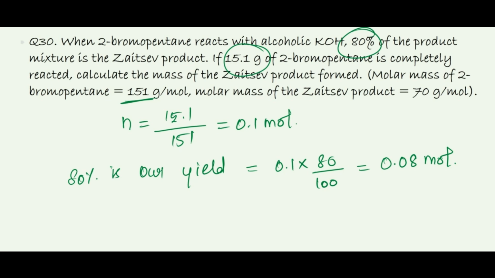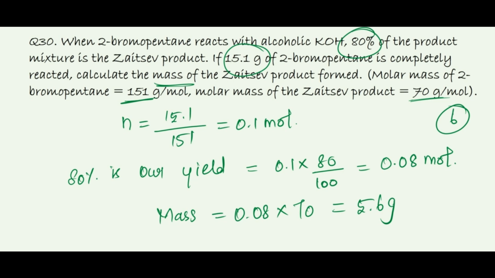So what is the mass of the product they are asking? Once again do the calculation: mass is equal to 0.08 into the molar mass of the product, that is 70, which makes 5.6 grams as your answer. To round off, you can make it 6 as your single value answer.